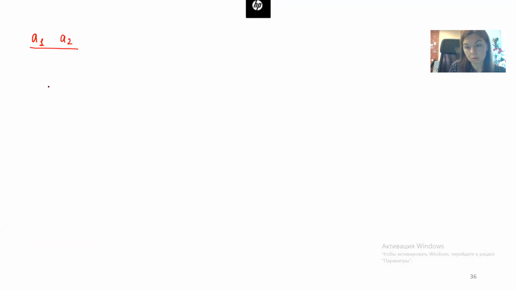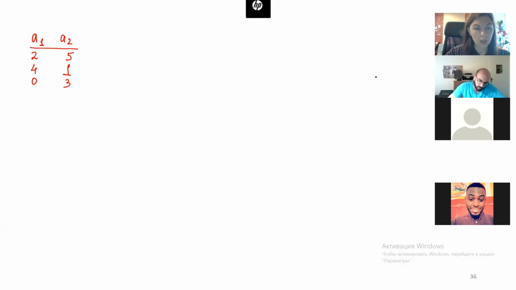It's our original data set, and A1 will be equal to 4, 0, 2, and A2 will be equal to 5, 1, 3. Firstly, we need to remove the mean value from our original data set. So let's calculate the mean value of A1.